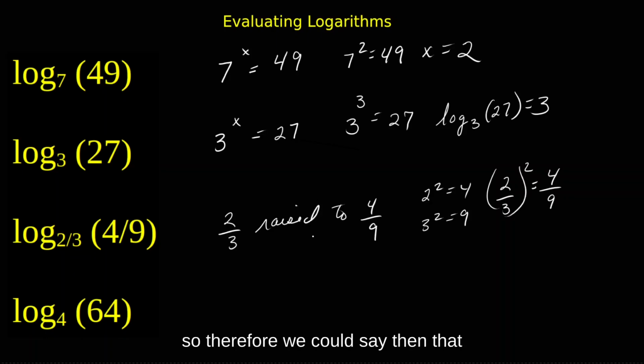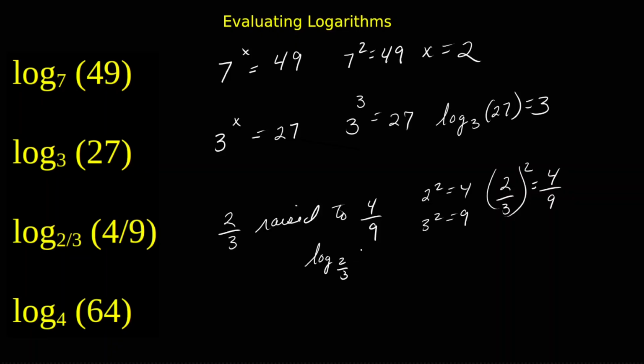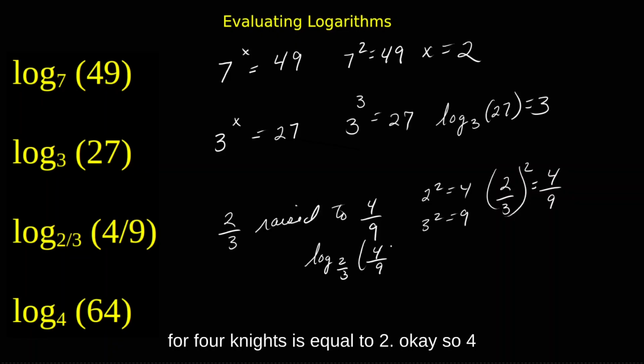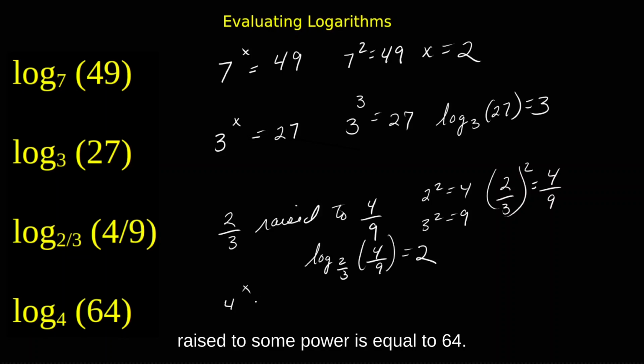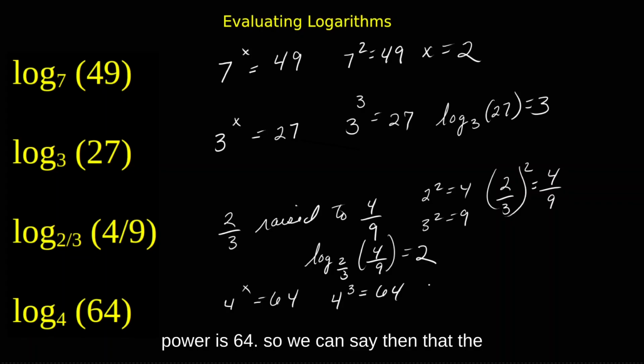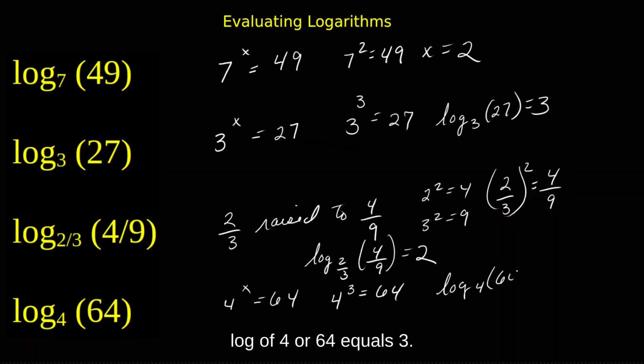So therefore, we could say that the log base 2/3 of 4/9 is equal to 2. Okay, so 4 raised to some power is equal to 64. So we know that 4 raised to the 3rd power is 64. So we can say then that the log base 4 of 64 equals 3.